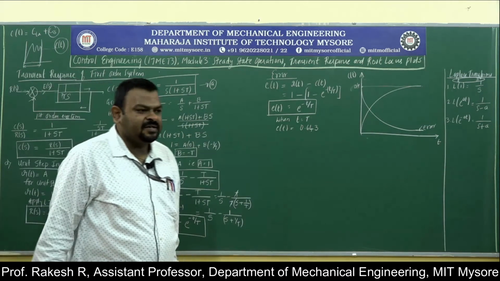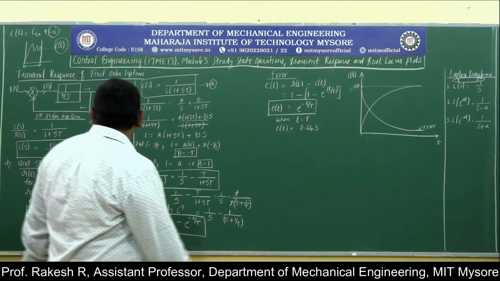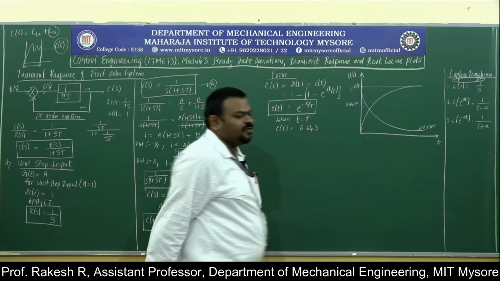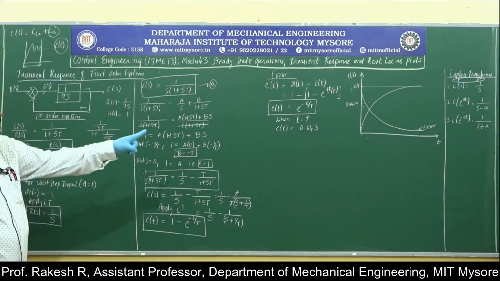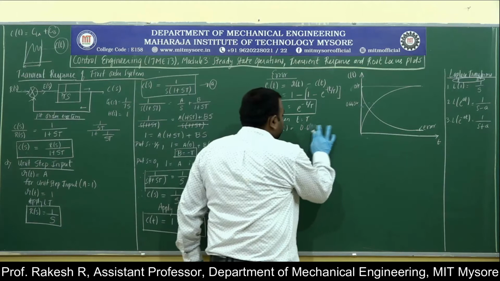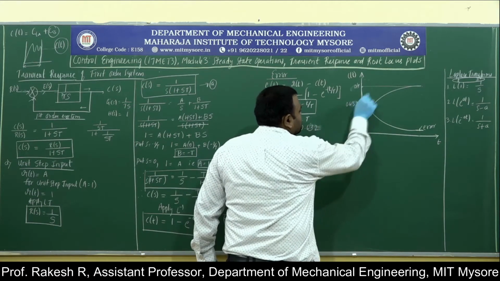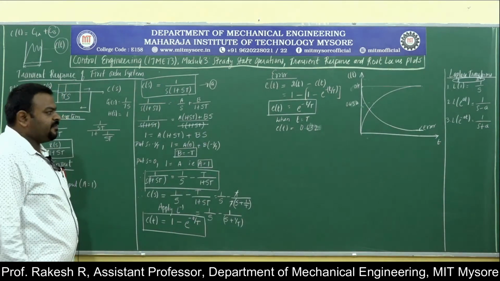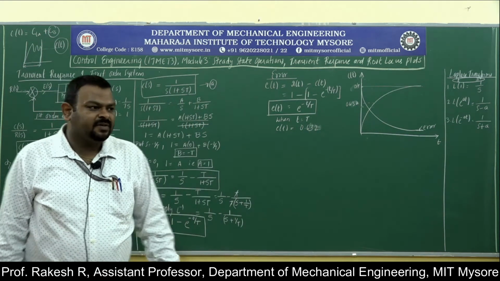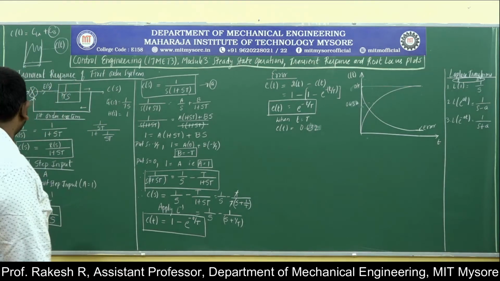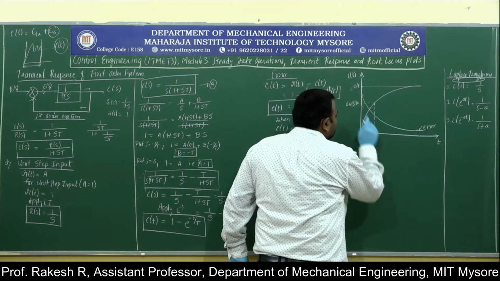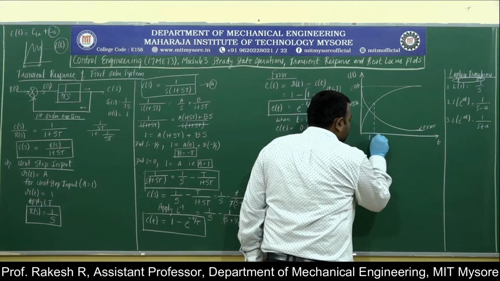That means e to the power of minus 1 is obtained, and at this point you get 63.2%. That means the error signal will be 1 if the input has 63.2%. That is the graph for unit step input. Sometimes we can even calculate the value of t, when you get 0.632 at t equal to capital T.